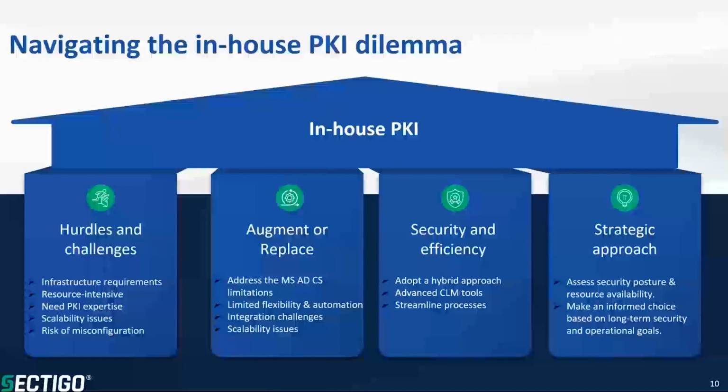The beauty, Tim, of modern cloud native certificate authorities for private trust is that you don't have to choose to just rip and replace your MSCA. You can actually augment it. Part of what I mean by that is having visibility into the certificates of your MSCA through the modern certificate lifecycle management associated with the private CA.